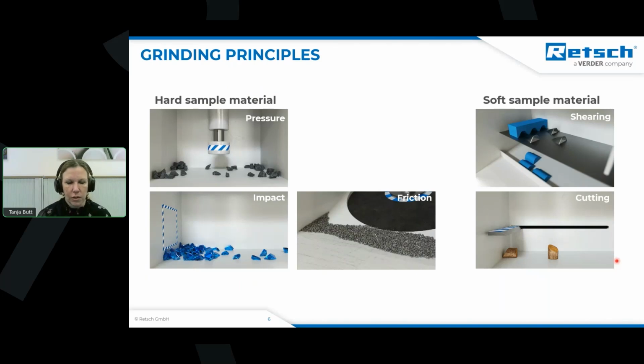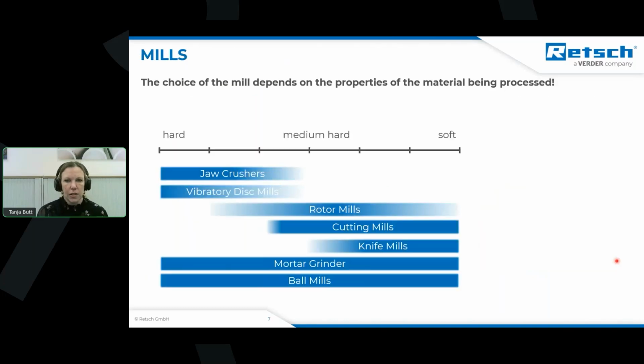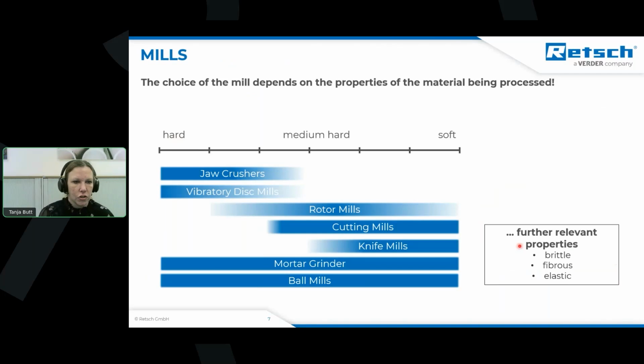You cannot use everything for all materials, and this is also a reason why we have so many different mills on the market, because they combine different grinding principles in different ways in order to cope with all the different solids in the world which need to be homogenized. And this can be seen here. For example, jaw crushers and vibratory disc mill, hard or medium hard samples, quite nice, but not suitable for soft ones.